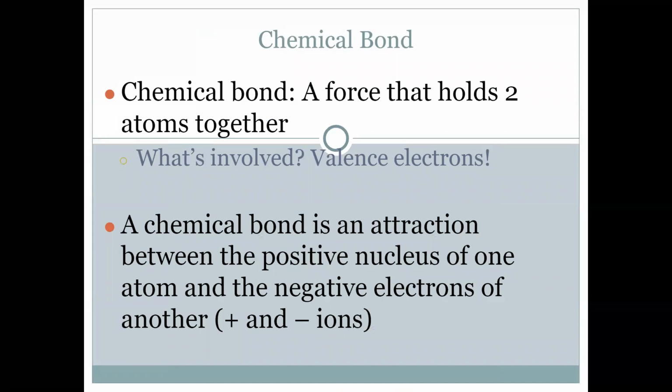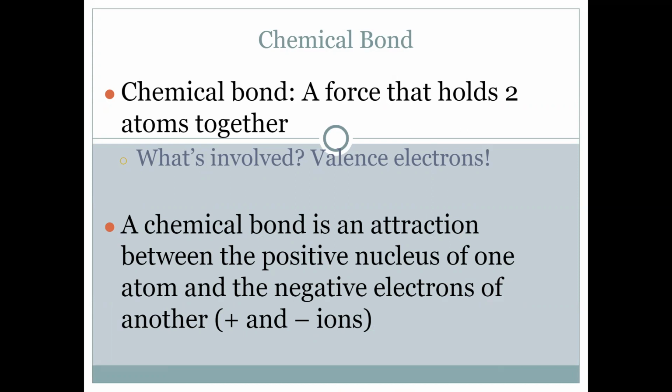So let's talk about what a chemical bond is, because atoms become ions and they bond with each other. A chemical bond is a force that's going to hold 2 atoms together. Valence electrons are going to be what controls how atoms are going to bond with one another.